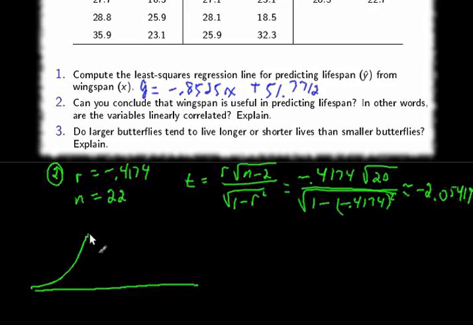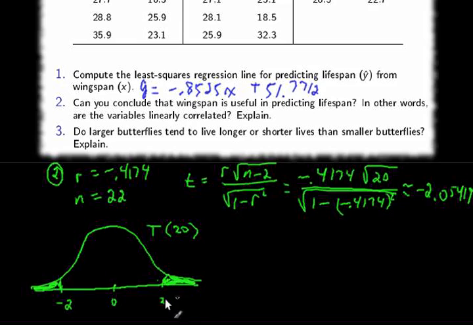That means on the t distribution, this is T20, n minus 2. Zero is here, and negative 2, we'll say it's right about here. What we're looking for is the area outside, in the two tails. These tails are symmetric, so we're just going to double the area of one of the tails.